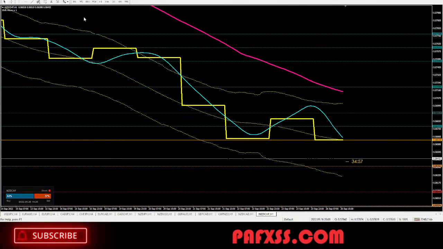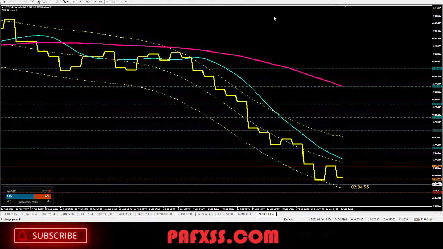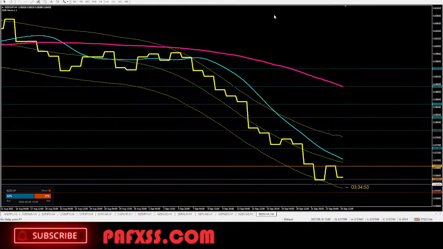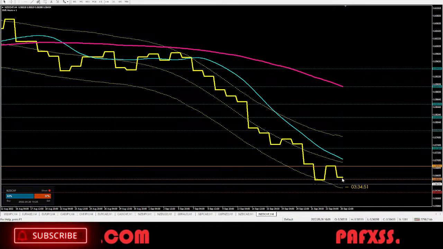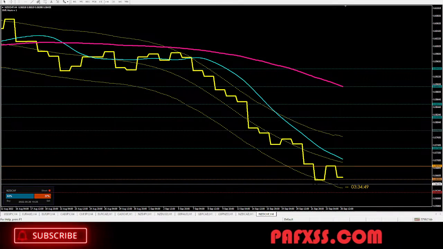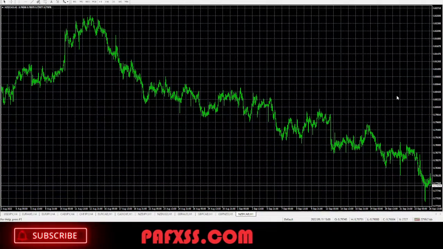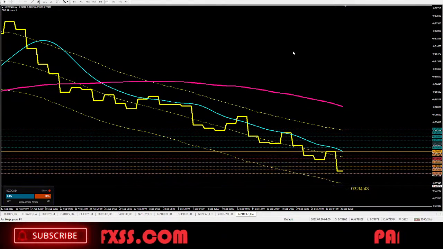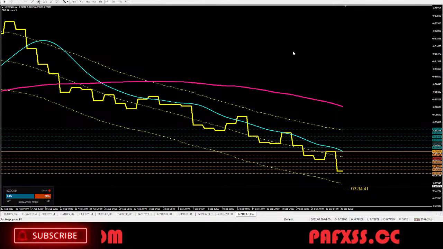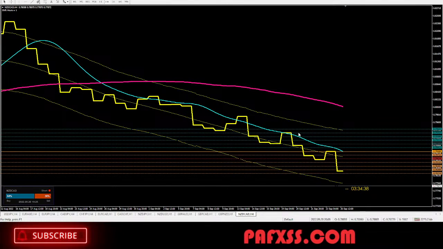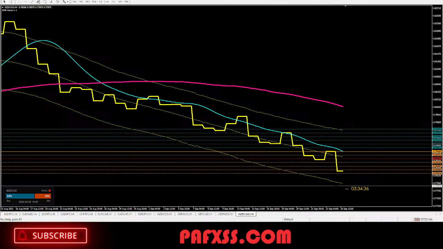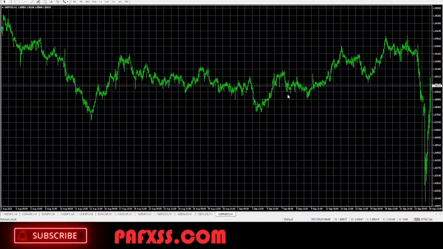Alright. This one is NZD CHF. Okay, this one is no good. This one is NZD CAD. No good. Alright. This one, yeah, it's a no go. See what I'm saying?